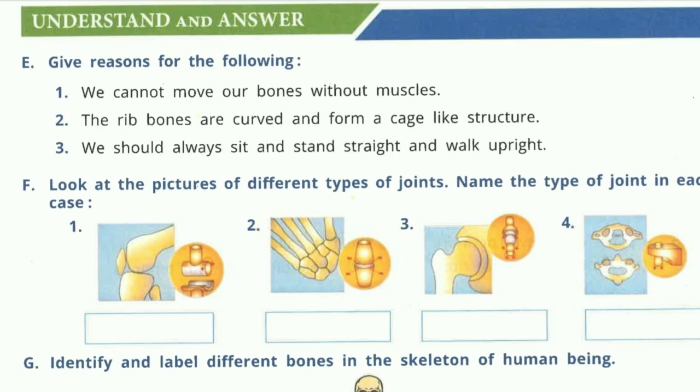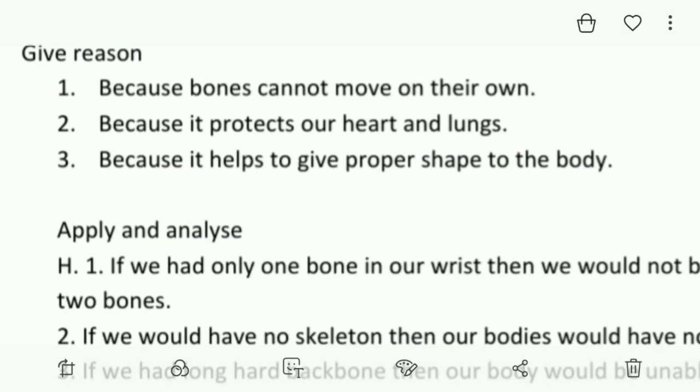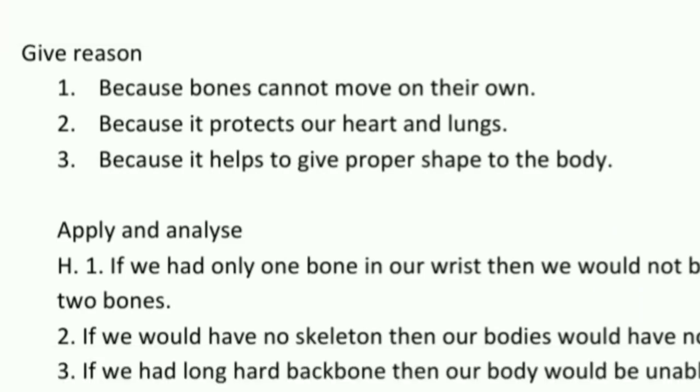Why? It protects our heart and lungs. That's why it is in the shape of a cage. Number 3, we should always sit and stand straight and walk upright. Why? Because it helps to give proper shape to the body.